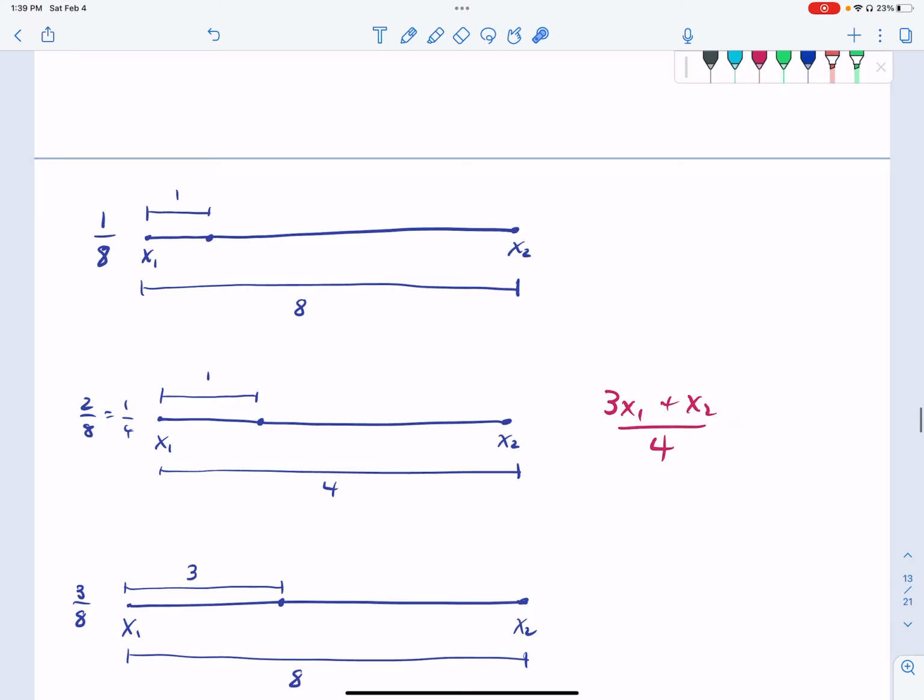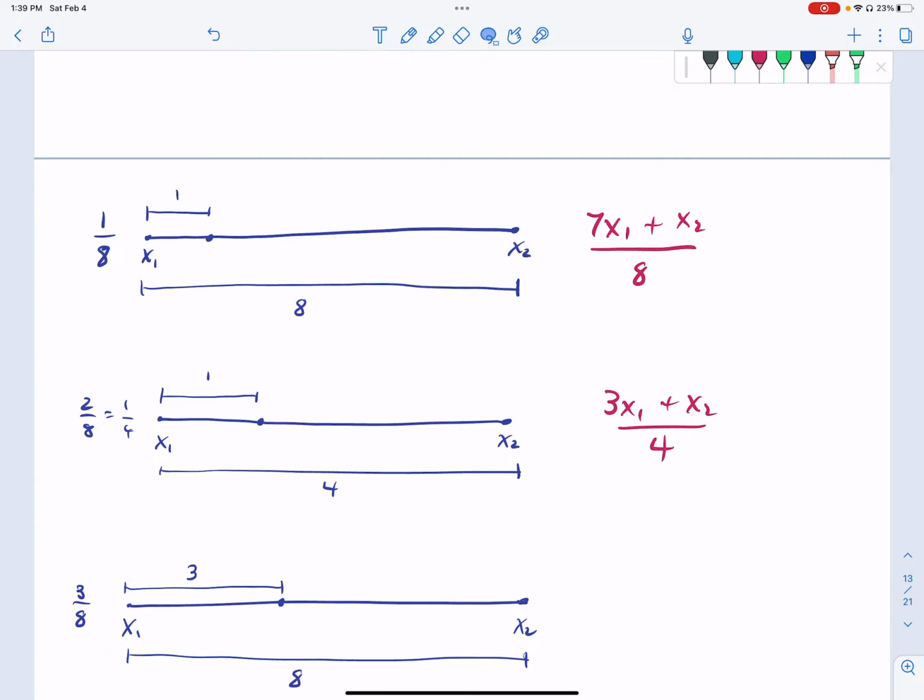Coming back up here to the 1/8 point, the formula for that should have been 7x1s plus 1x2, divided by 8. And that looks really similar to the one that we did for the 1/4 point.